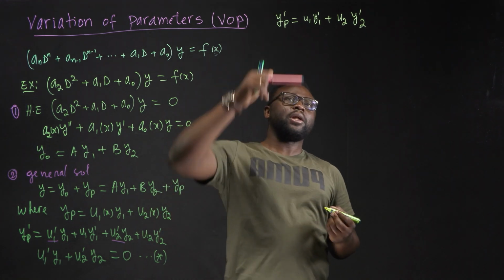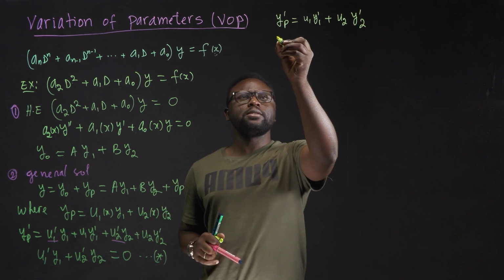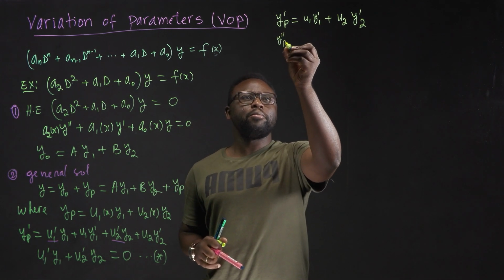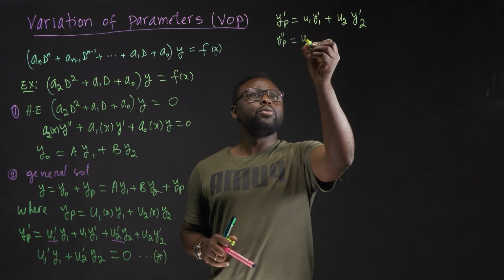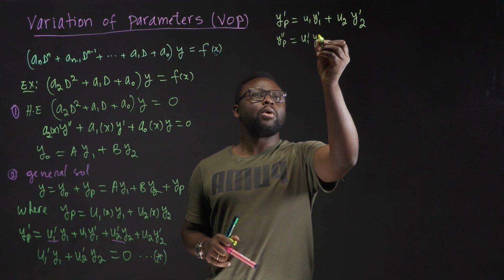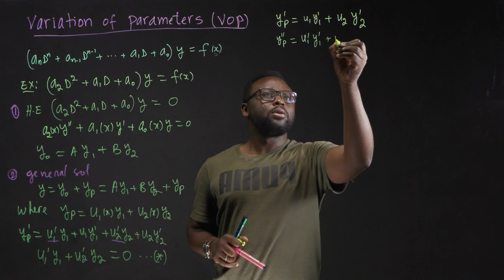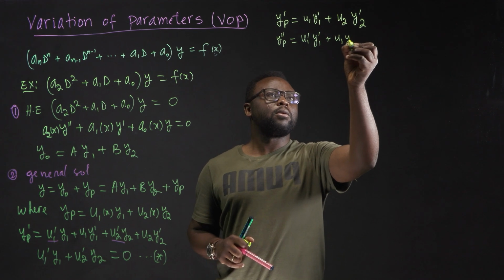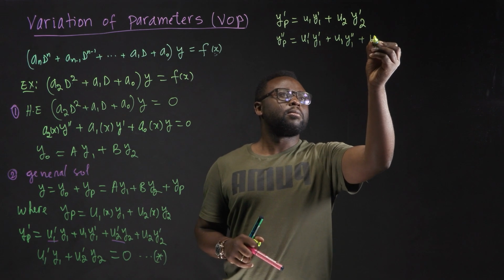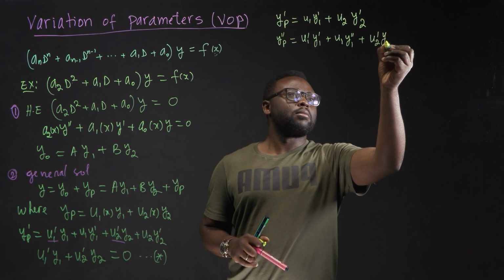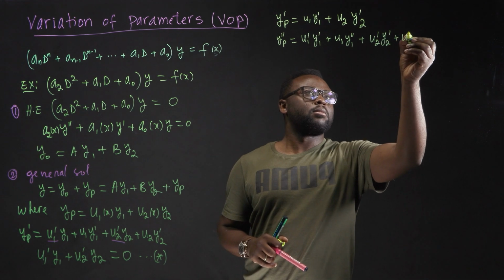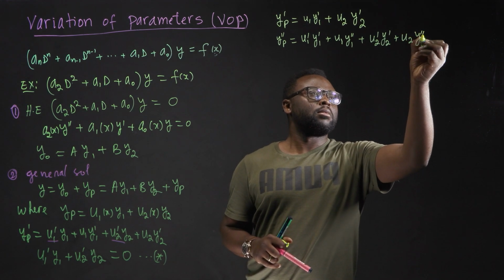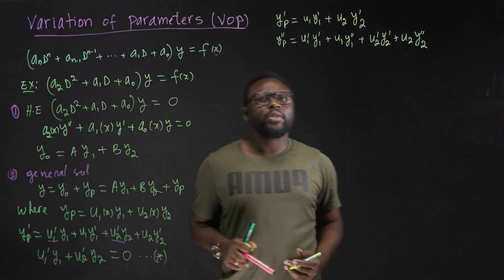Of course, we can obtain the second derivative of this. This is yp second derivative equal to u1 prime y1 prime plus u1 y1 second derivative plus u2 prime y2 prime plus u2 y2 second derivative. All right, this is what we obtain.